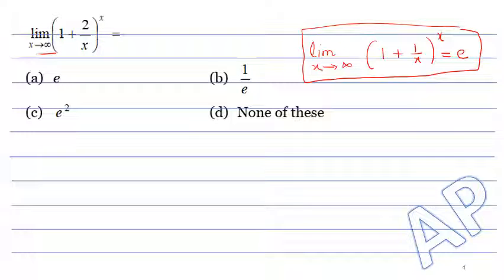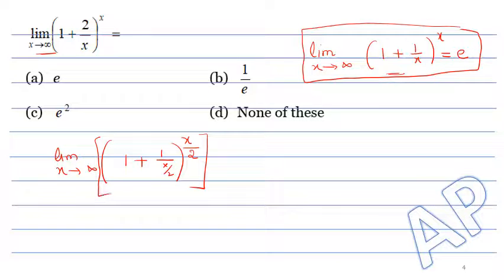Now I will bring the given limit to this standard form, that is limit as x tends to infinity of 1 plus, let me write this 2 by x as 1 divided by x by 2, and we have power x here. I will divide this power by 2 and also multiply the power by 2, so that 2 will be cancelled.